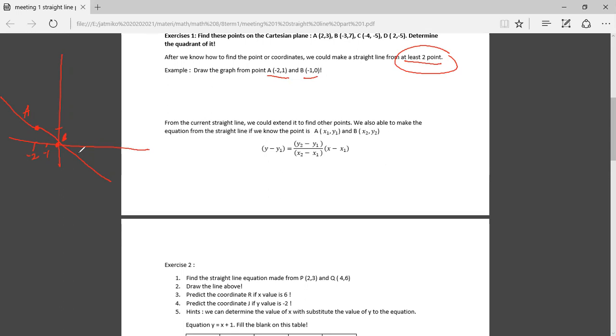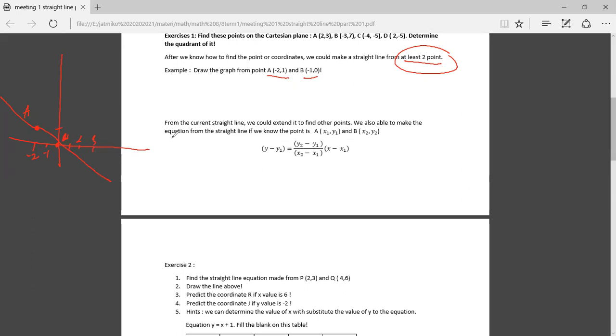So from here we can determine, how about if the value of x is 1 or maybe 2, or maybe 3, and so on. We can determine other points from it. So we can predict the next x value and then the couple with the y.